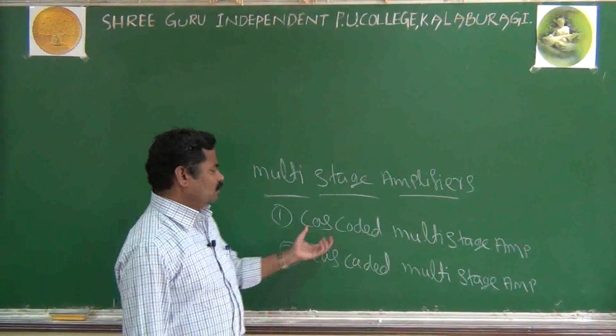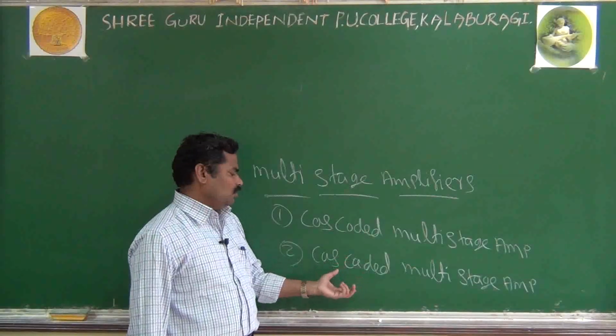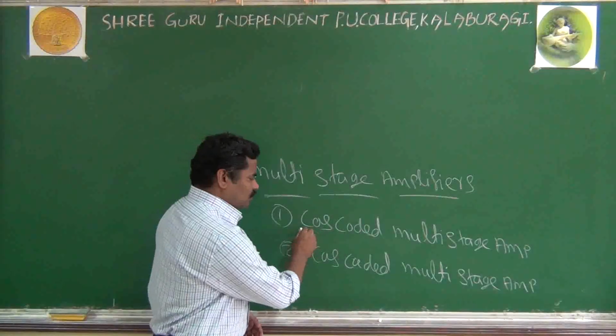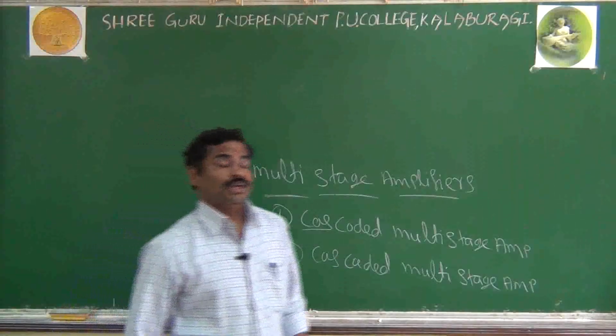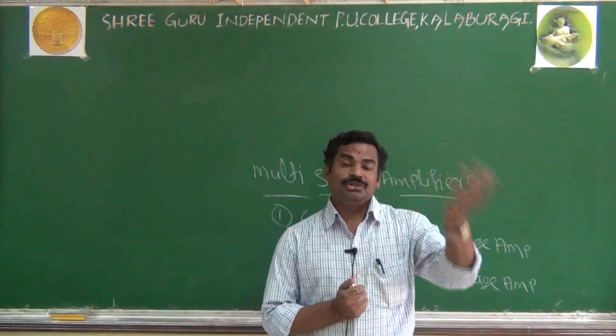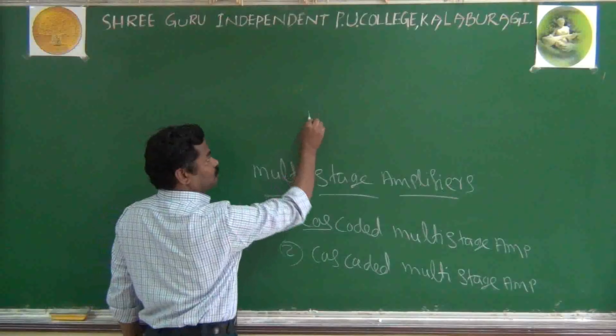Now, what is called a cascode multi-stage amplifier and what is called a cascade multi-stage amplifier. In the cascode multi-stage amplifier, you are using two stages of amplification, and both stages are different.